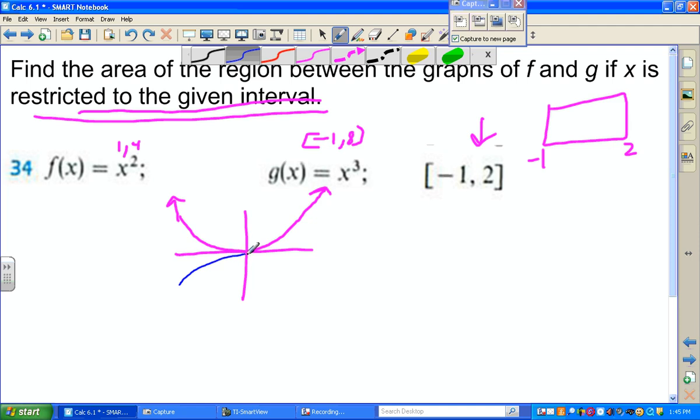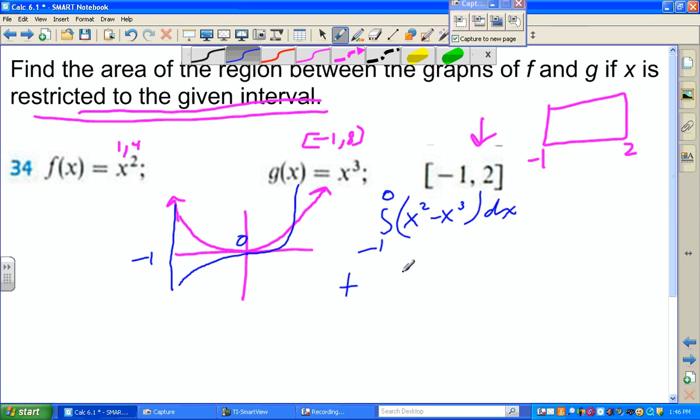And right here we said what? Like that. Okay, good. So, on this one, -1 to 0 would be the x squared minus the x cubed graph, correct? dx.